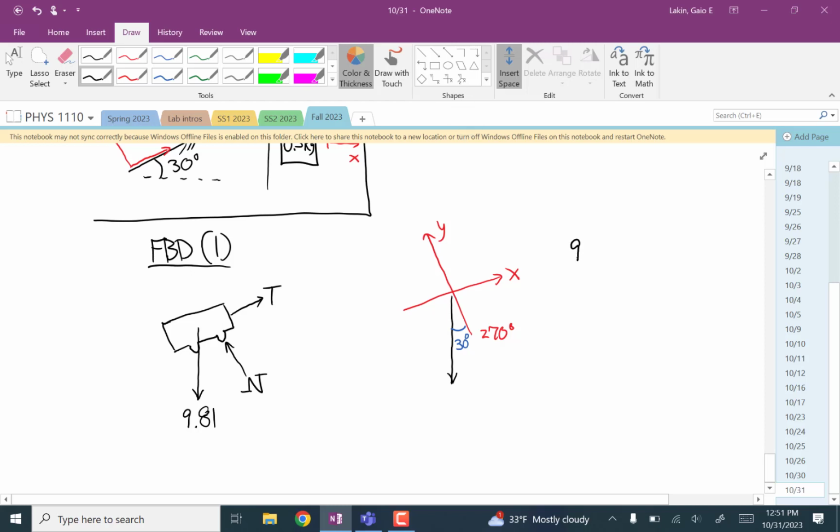So we're going to have 9.81 times the cosine of 240, 9.81 times the sine of 240.